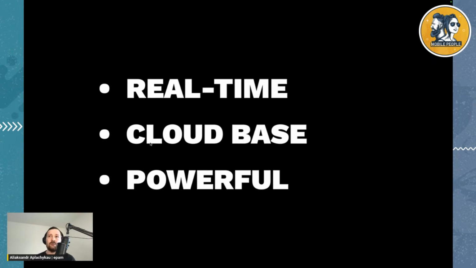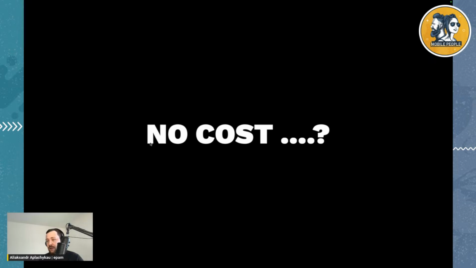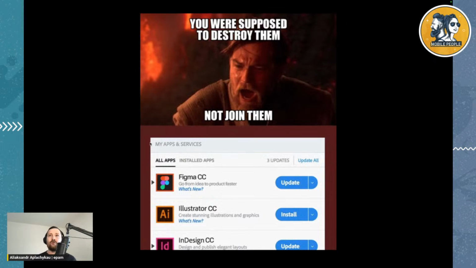It replaces many tools with the help of one, and it's kind of free. It doesn't mean that we don't need to pay for it, but it covers many needs for single users.